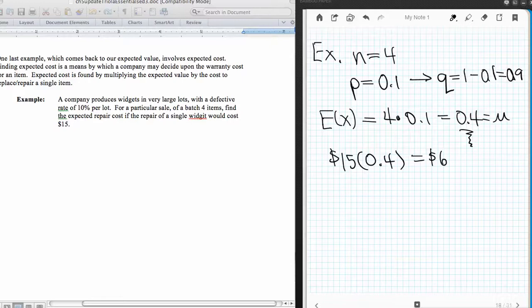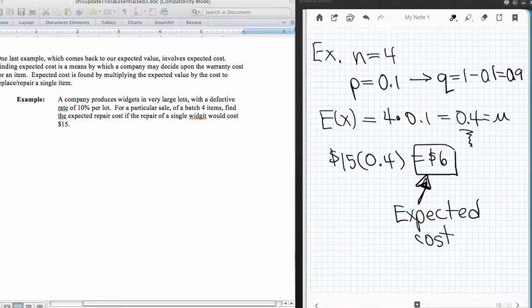So where this comes in the real business world is this is the amount that would be a fair cost to charge for a warranty. So this is the expected repair costs on those widgets. And again, that would be the amount that would be a fair price to charge if you were going to charge somebody for having some kind of a warranty.